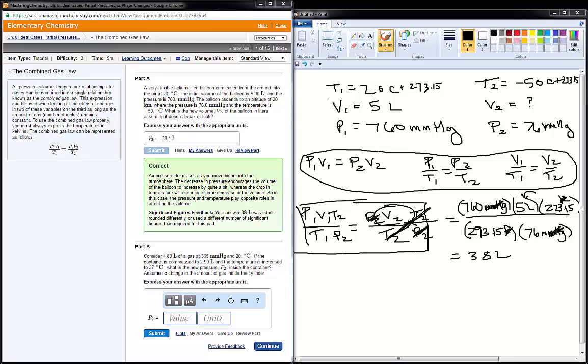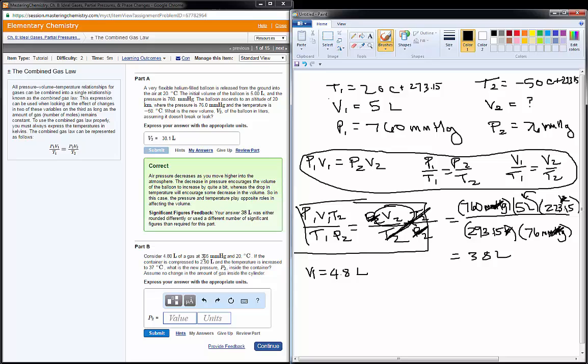This next problem is exactly the same. Now we're going to say our initial volume, V1, 4.8 liters. Initial pressure, 365 millimeters of mercury. And our initial temperature, 20 degrees Celsius, plus 273.15 is going to make it Kelvin. So that's going to be 293.15.